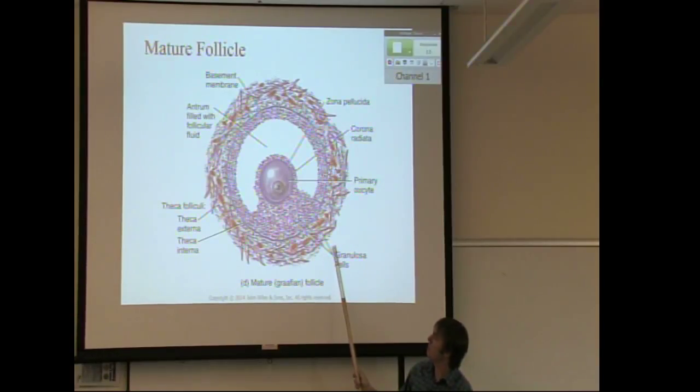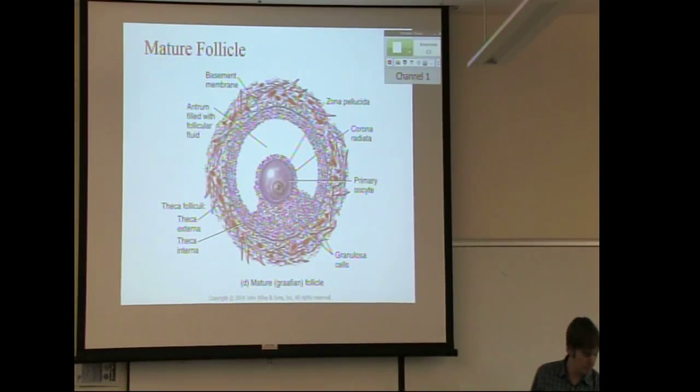And you also see a bunch of granulosa cells developing, and a lot more blood flow to the area, because obviously you need nutrients for all these cells to grow and for the oocyte to develop. And it is kind of surrounded by that basement membrane. So it gets bigger, more blood flow, and you get that empty space filled with fluid.